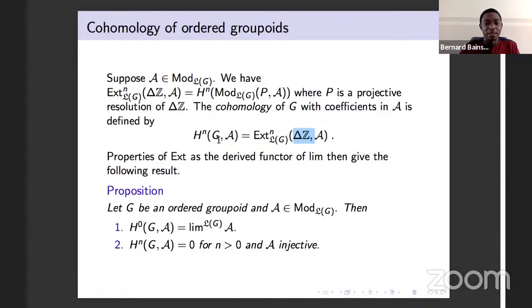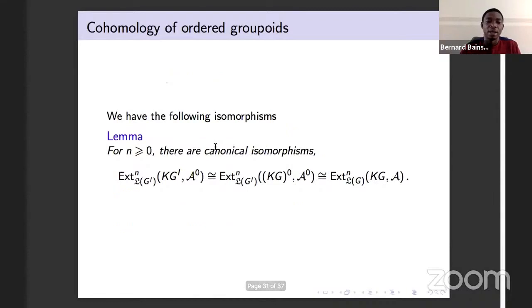So it is this definition of cohomology that we are going to make use of, together with a modification, to describe the extensions. An immediate result that we get is the following: the Ext group of KGI into A0 is the same as the Ext group of KG into A. So the A0 will be the module over the groupoid GI.